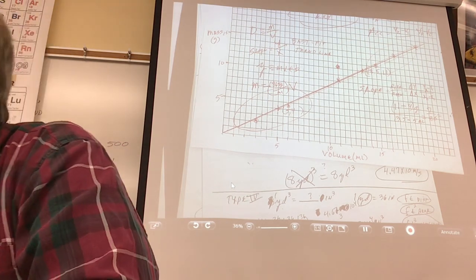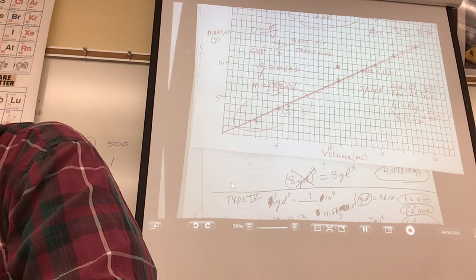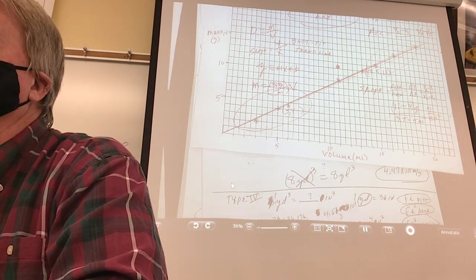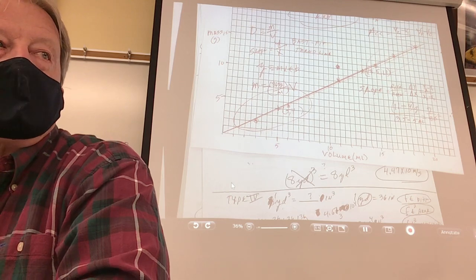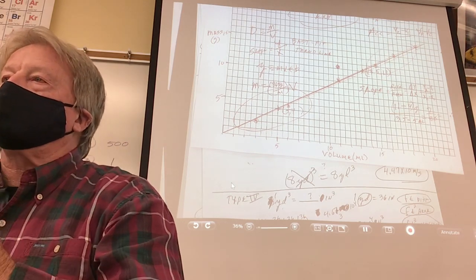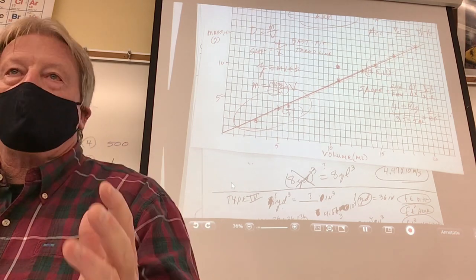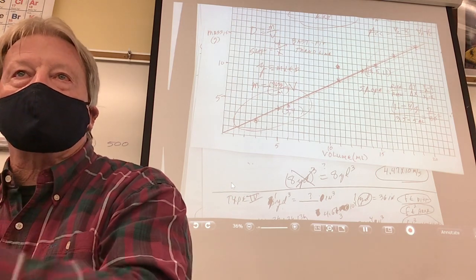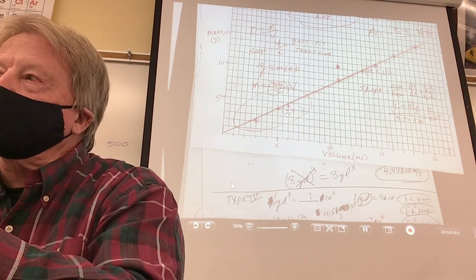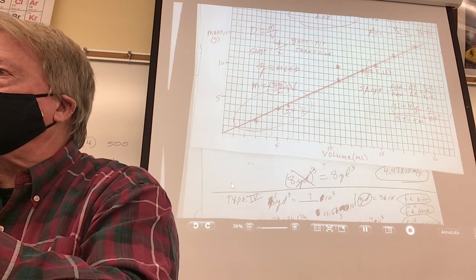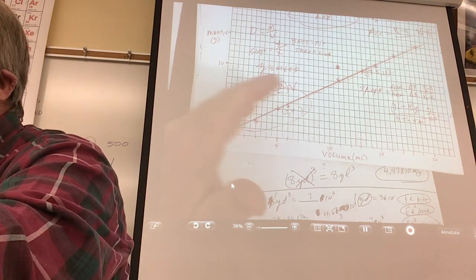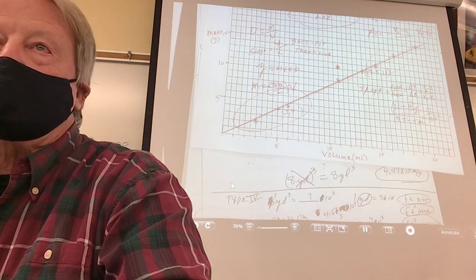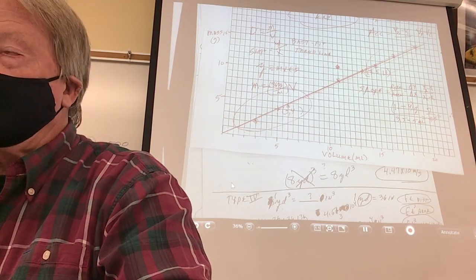I made them up. What was it? Oh, negative 0.5? Okay, interesting. Now, this one didn't quite go through 0, 0, did it? And for a scientist, it means something. I tried to zero out everything, but somehow it still statistically shows me there's a little bit of error here somewhere. And if they could ever get this thing close to 0, 0, there's some things you can't get rid of, and they know that.